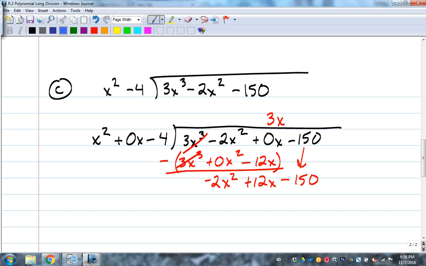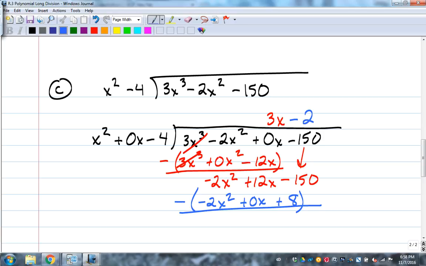What times x squared gets me negative 2x squared? Negative 2. Distribute it across.